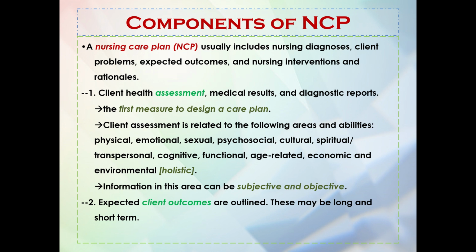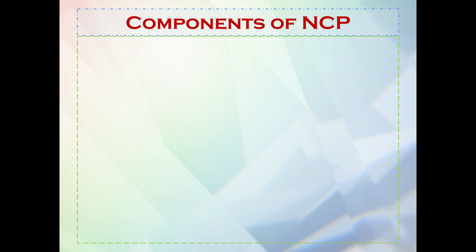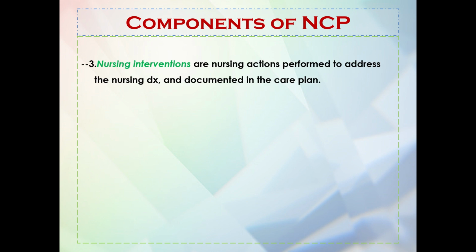So number two, the other component is the expected client outcomes, and this may be long term and short term. Okay, so client outcomes is the second. Sometimes, again, it is labeled as the planning aspect of the NCP. Number three, nursing interventions. These are nursing actions performed to address the nursing diagnosis and documented in the care plan.